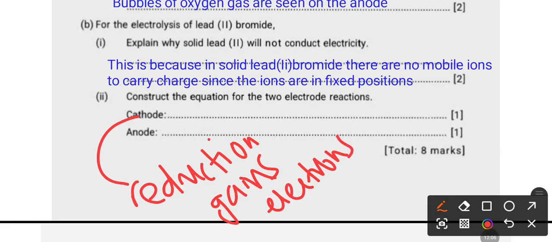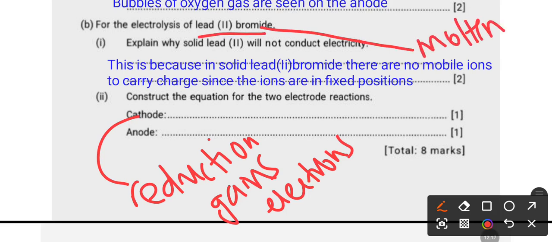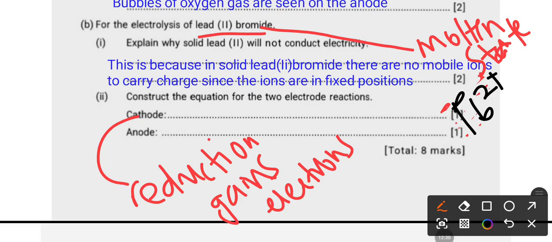So for the electrolysis of lead(II) bromide, if it is in molten state, the ions that we'll have are Pb2+ ions as well as bromide ions.